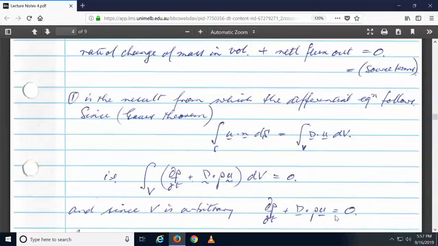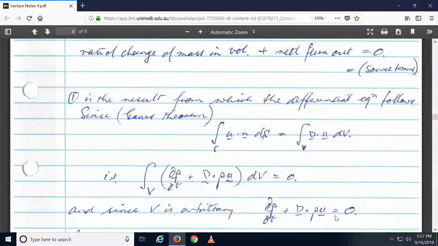How many have seen that before? Come on, all of you have seen it before. If you've done fluid mechanics before, you know that the conservation of mass is the partial derivative of rho with respect to time plus the divergence of rho u equals naught.